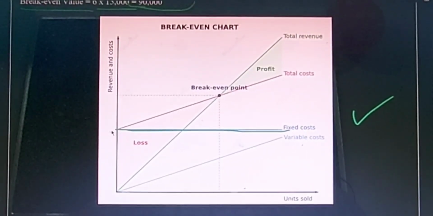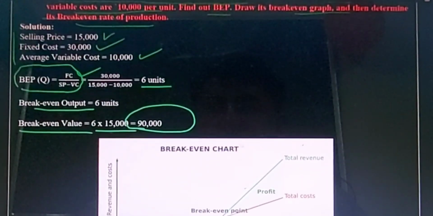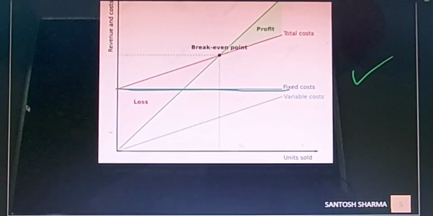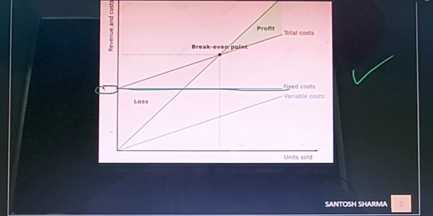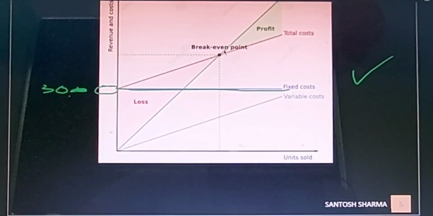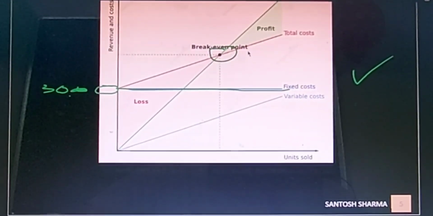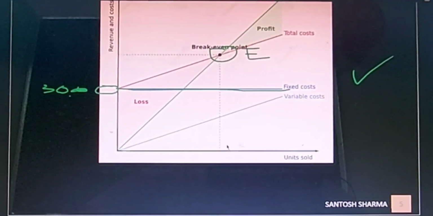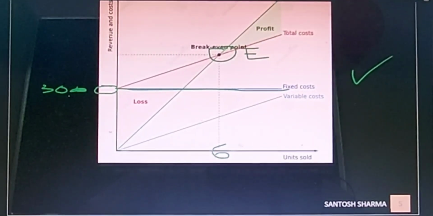So in the question we have fixed cost 30,000, so you should write 30,000 in this particular space. This particular point is the break even point E. And this is units sold, that is quantity. So here quantity is 6, so you can write 6 here.